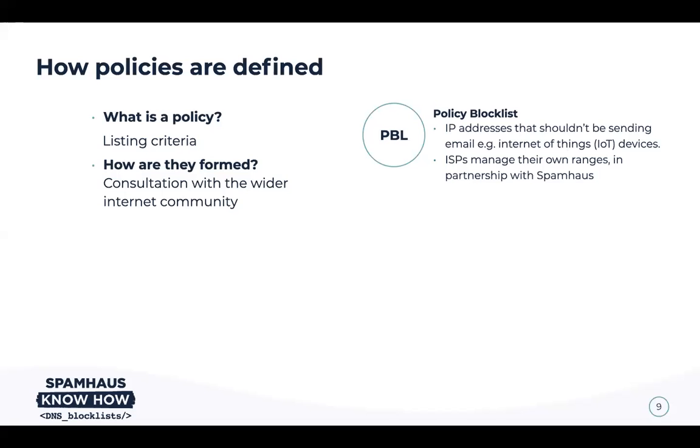This really is a cooperative product where we work together with the broader internet, with the industry, to create a data set that has a really good use for the entire internet. But that is just one of them.